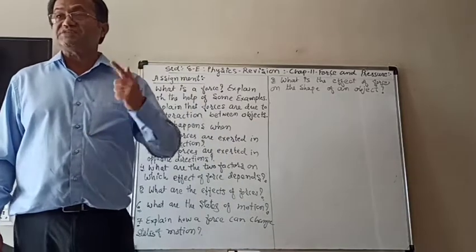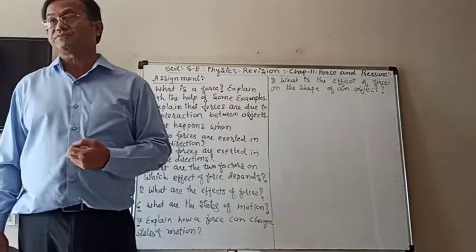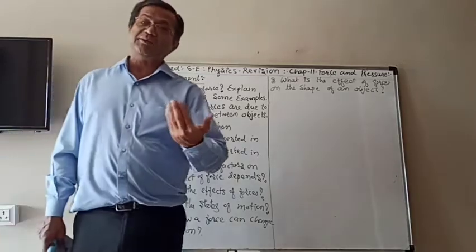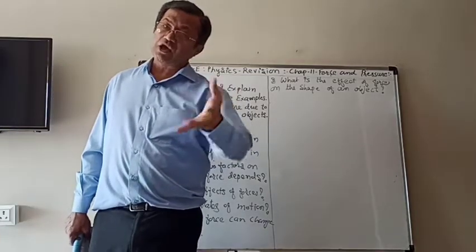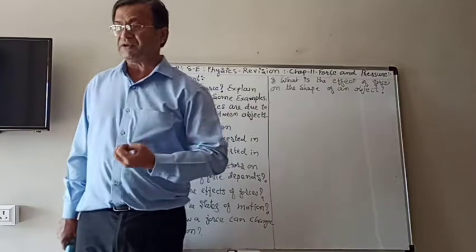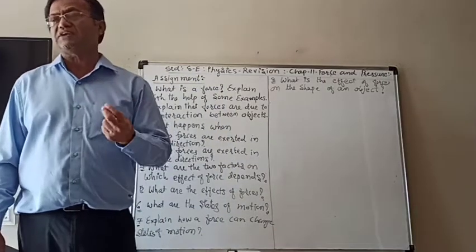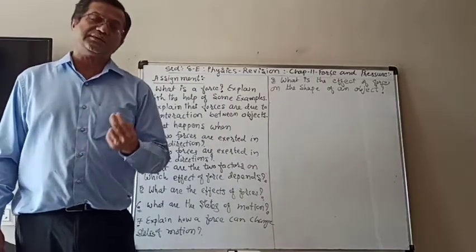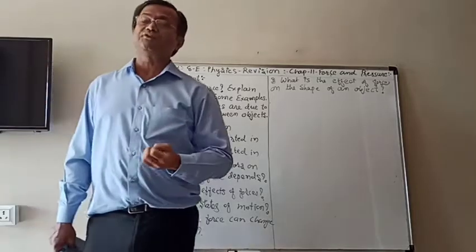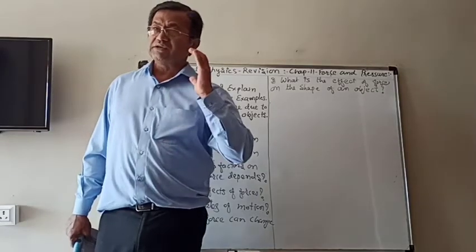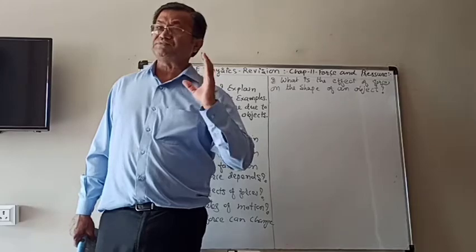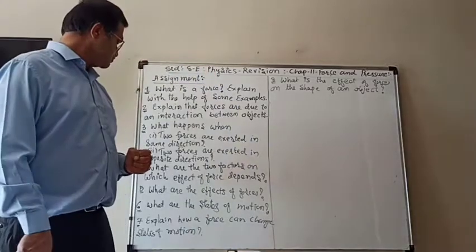And the second thing is the direction of the force. Because we saw that if it is the same direction, the forces are added, and in the opposite direction, they are subtracted. So these are the two factors which affect the effect of forces: the magnitude of the force and the direction.